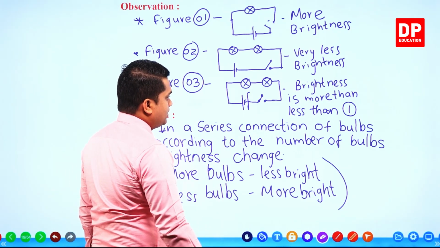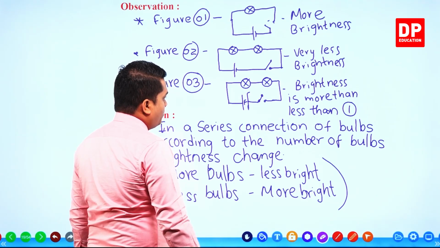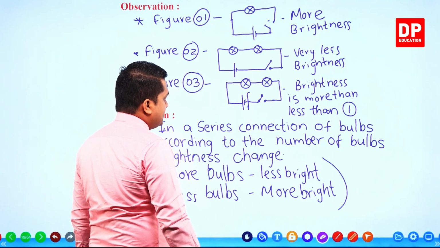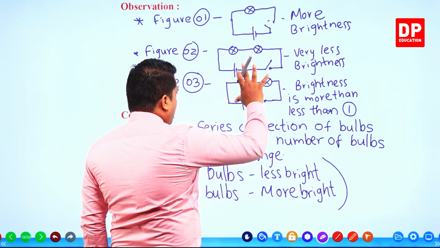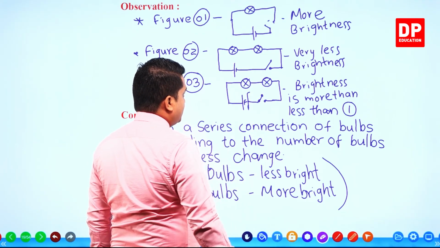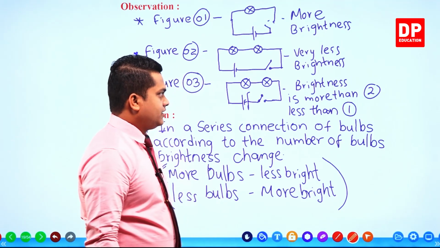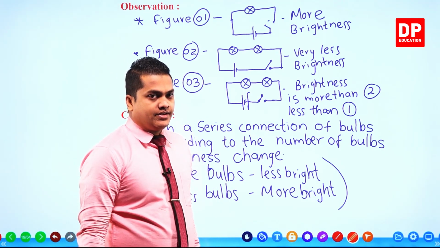Here we used 2 dry cells, so there is more potential energy and more current is given. Therefore it should light up even more than the second instance, right? So brightness should be more than 2 but less than 1. Okay, so I have recorrected it.